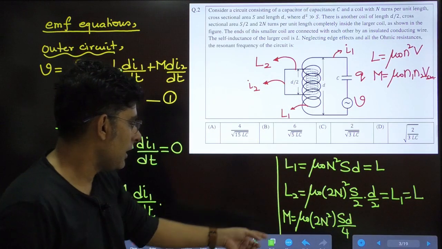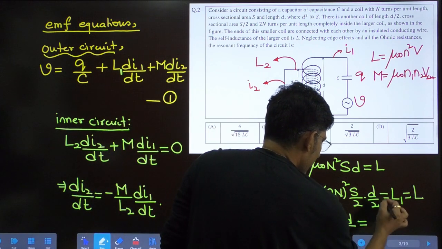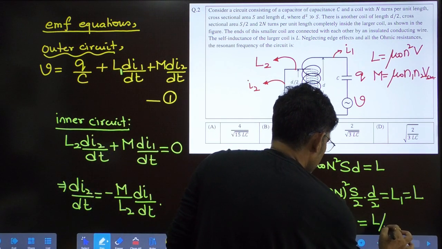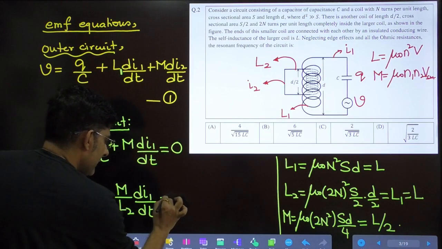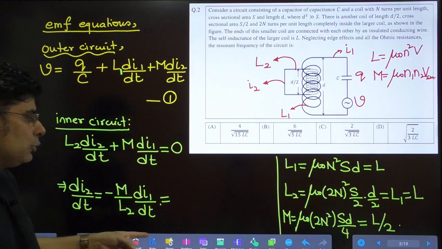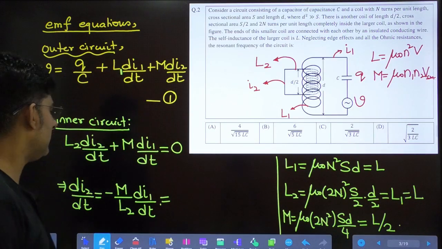Sd by 4. So from here you can see it is nothing but half of L, that is L by 2. So from here if I substitute M by L2, M by L2 will become nothing but 1 by 2.